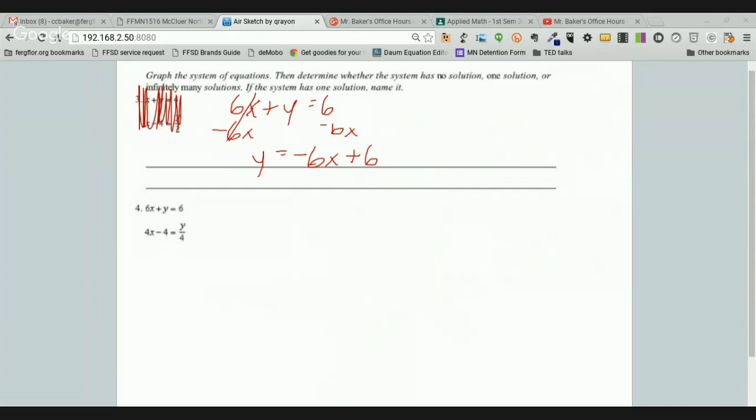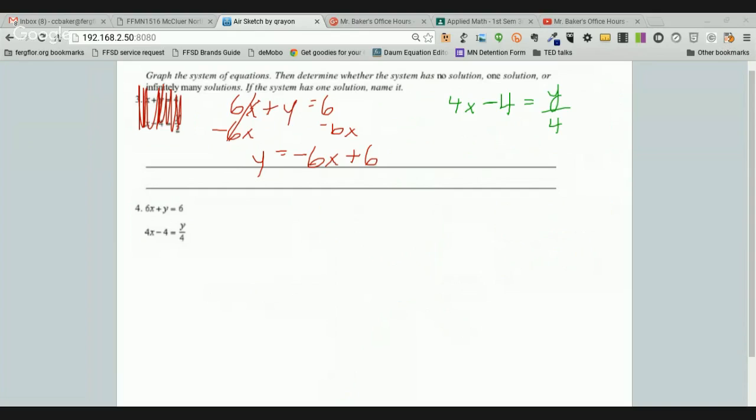And the second one, 4x minus 4 equals y divided by 4. Just like on that one we just did, there is a 4 dividing on the y.